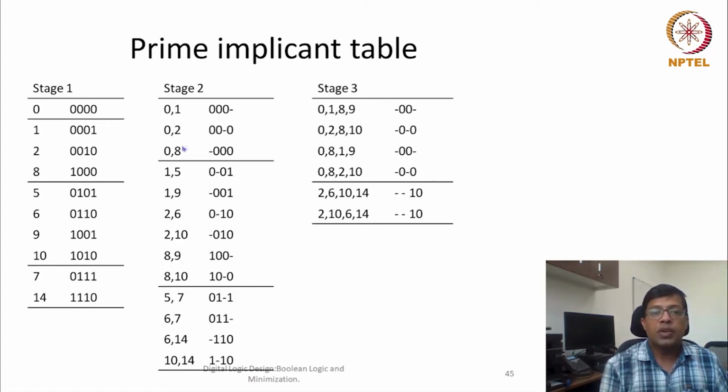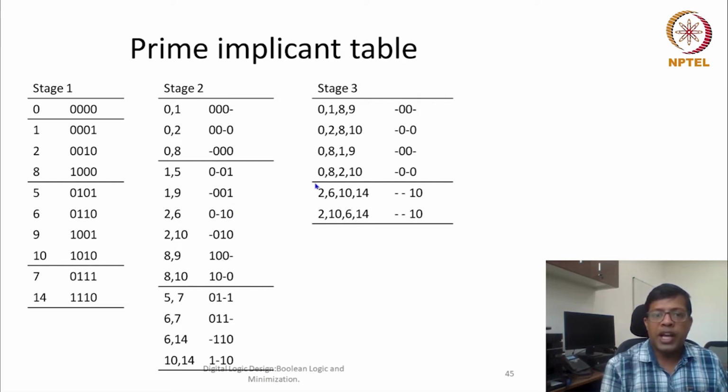Similarly now 0 8 would be compared with all the pairs present in this group. To make things faster, we see that wherever dash appears at the same place, for example 0 8 and 1 9, dash is appearing at the same place, so we can combine them.